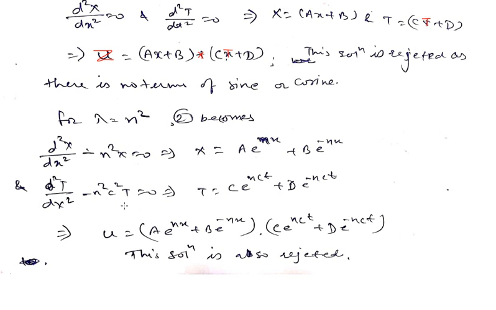Similarly, from the second equation, we get T is equal to c exponential nct plus d exponential minus nct.